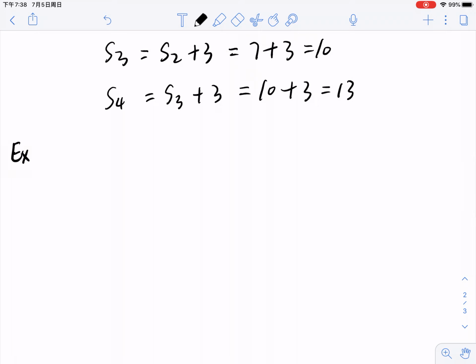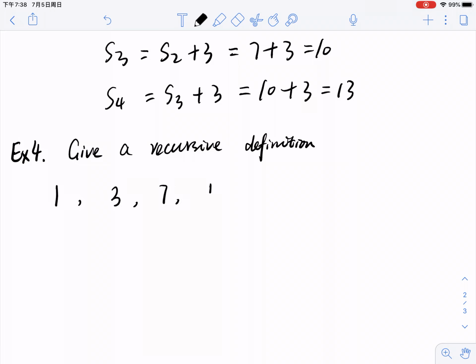Next example. Give a recursive definition of the following sequence: 1, 3, 7, 15, 31, 63. So now we observe this term. Each term is twice the previous term plus 1.